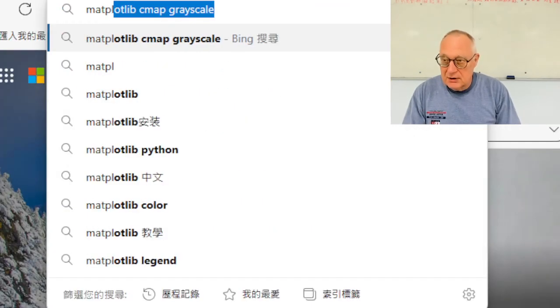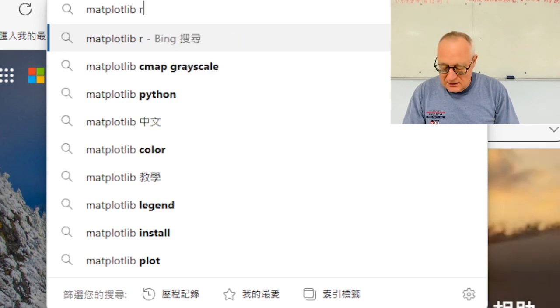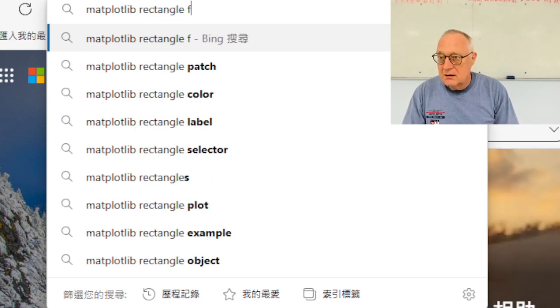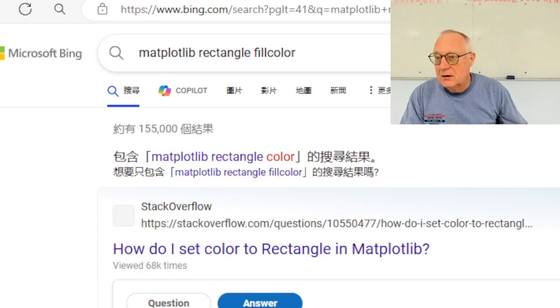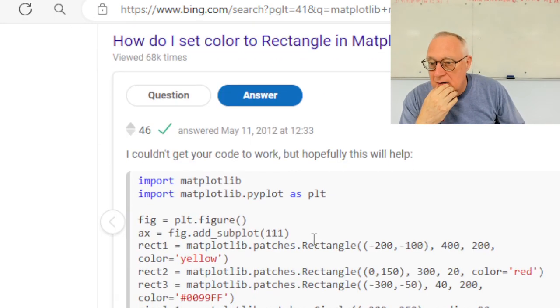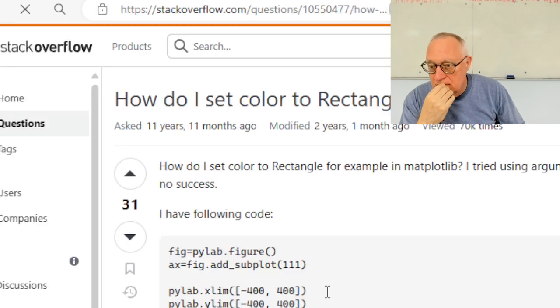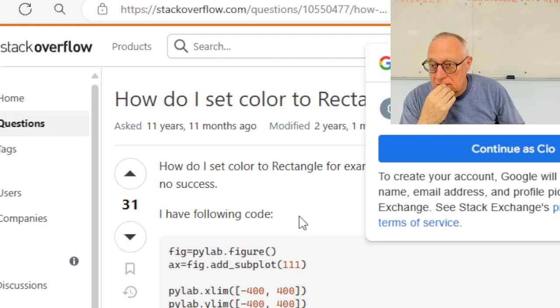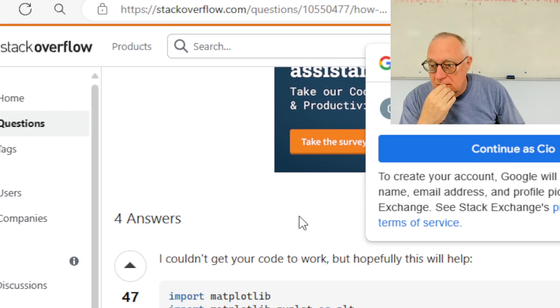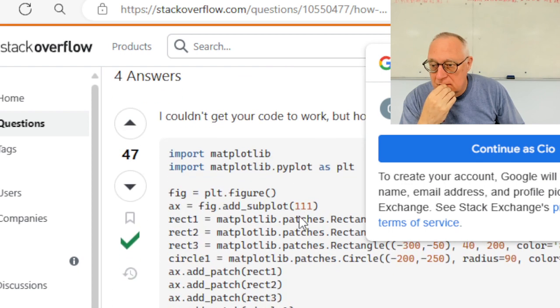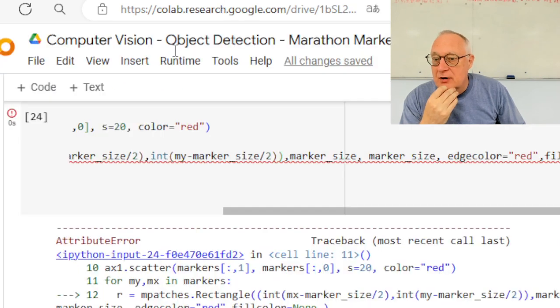What is it? Matplotlib rectangle fill color. Color. Just color.